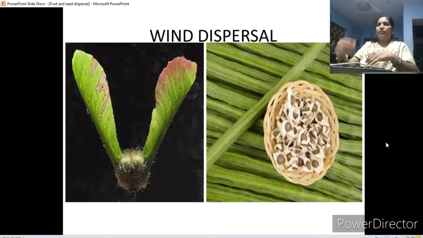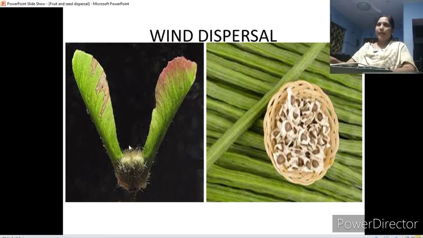For all these reasons, most of the saplings wither away and cannot grow into new plants. So seed dispersal is an important function in plants. They have to disperse to different areas. Then there is scope for the species to grow in different areas. That occurs naturally. So how seeds get dispersed by wind, we will see now.